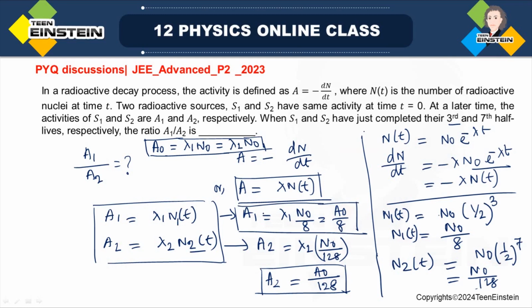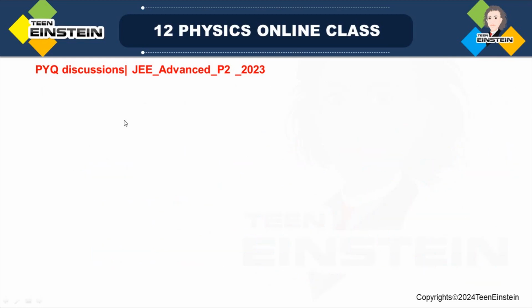Let us take the ratio of them, A1 by A2. Then A0 by 8, and this will be 128 by A0, so this will be 16.